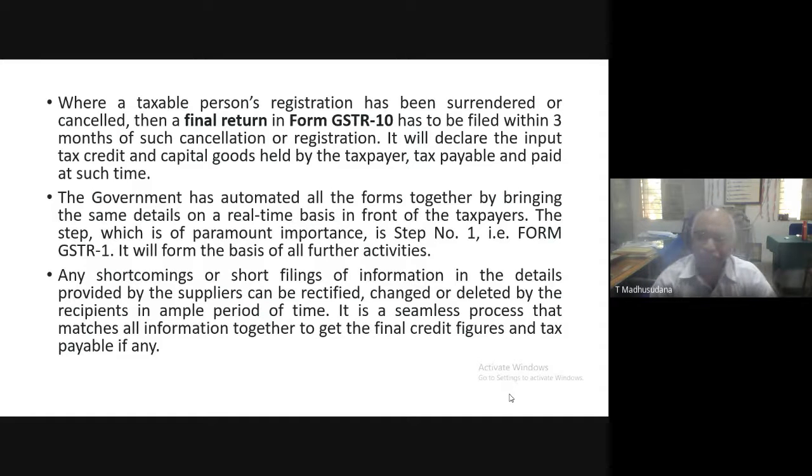So any shortcomings can be rectified, corrections can be made, and time will be given to the taxpayers to modify their formats. So it's a continuous process in which information from the taxpayers to the government will continuously flow from one to another.